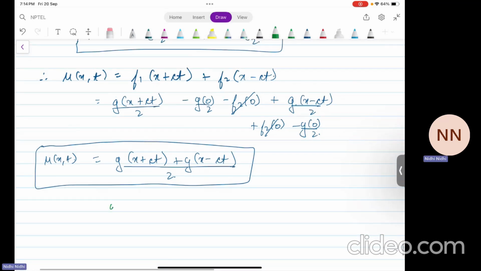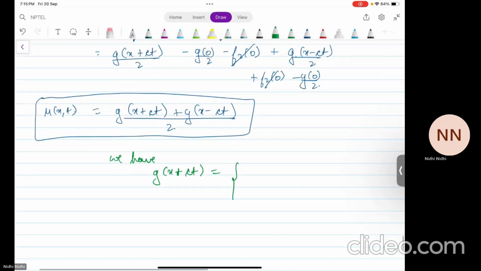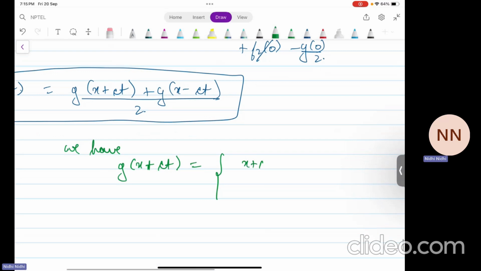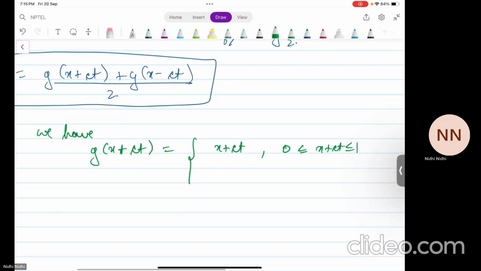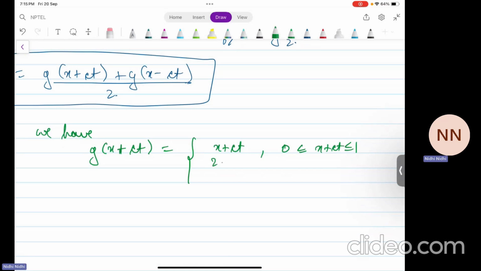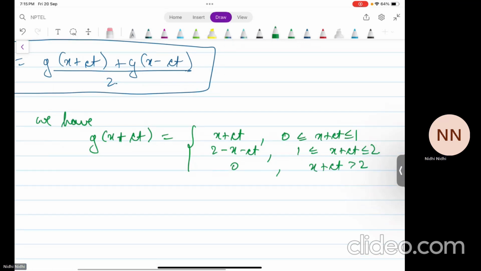So, we have g(x plus ct) is equal to x plus ct whenever 0 is less than or equal to x plus ct is less than or equal to 1. Then it is equal to 2 minus x minus ct whenever 1 is less than or equal to x plus ct is less than or equal to 2, and 0 for all x plus ct strictly greater than 2.